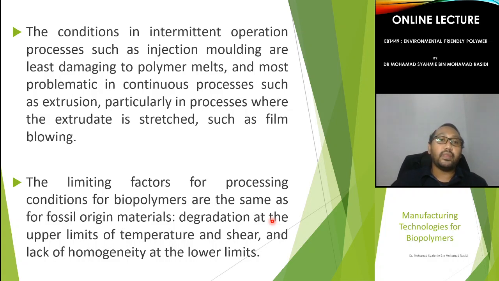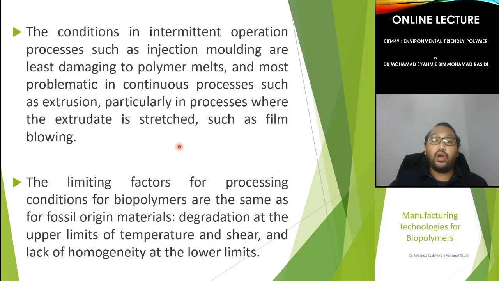Okay, the limiting factors for processing conditions for biopolymers are the same as for fossil-origin materials: degradation at the upper limit of temperature and shear, and lack of homogeneity at the lower limits. So if you are processing biopolymer, the limiting conditions are still the same as for fossil materials.